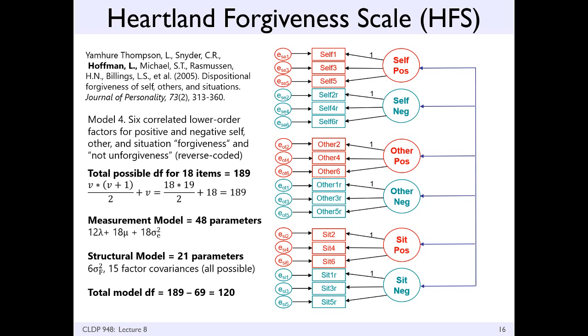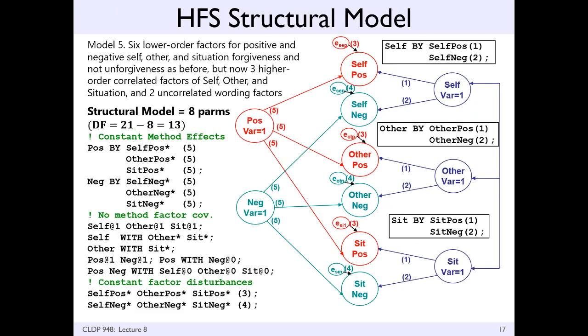Now, how do I get the intended 3 subscales of forgiveness, of self, other, situation, out of that? This. So let's go over this, because one might call this a bifactor model. One might call this a multi-trait, multi-method model.